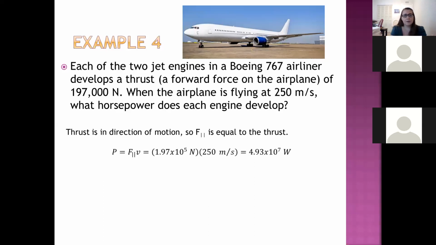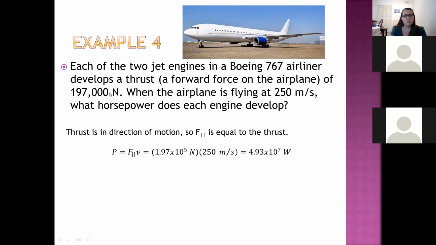So that means our power is our parallel force times our velocity. I put our force in scientific notation, as a quick review, because we haven't really done that since chapter 1. Remember, we take our decimal point and move it over until it's behind the first non-zero digit, and then the exponent is the number of decimal places that we moved it.